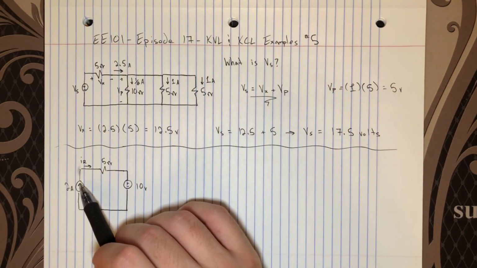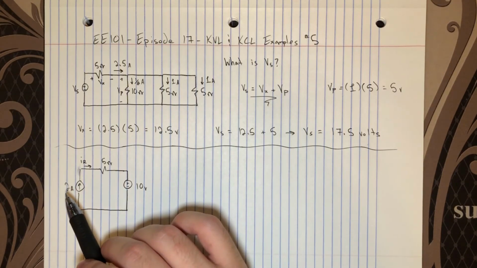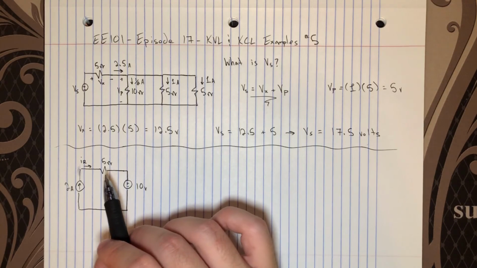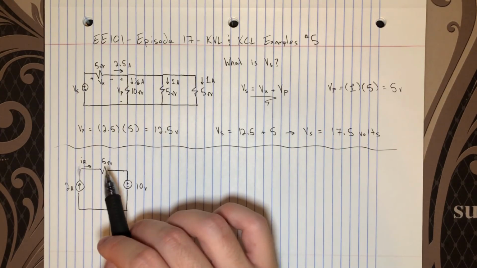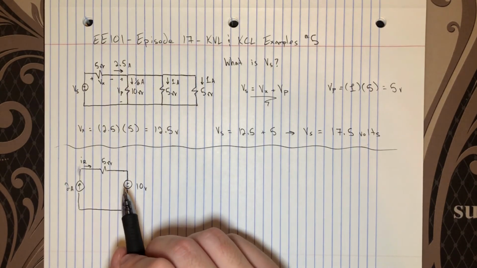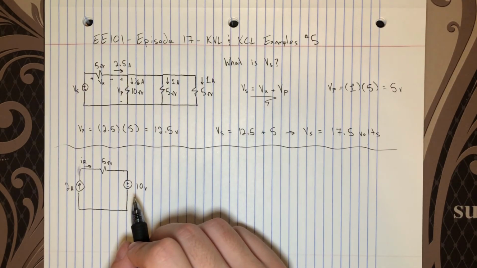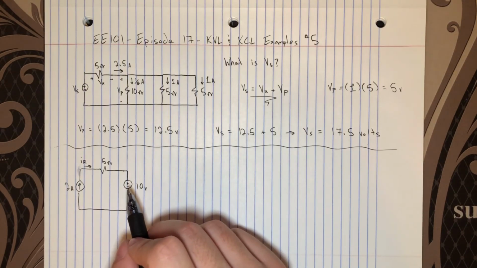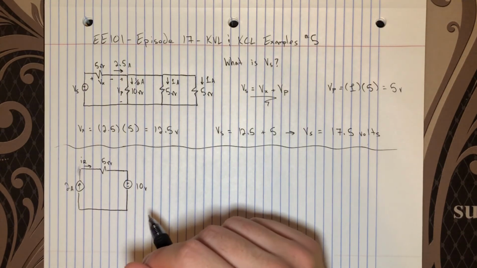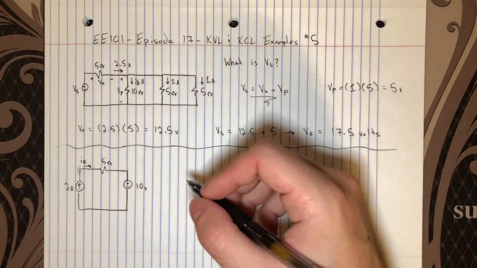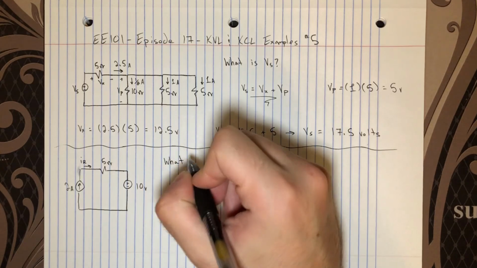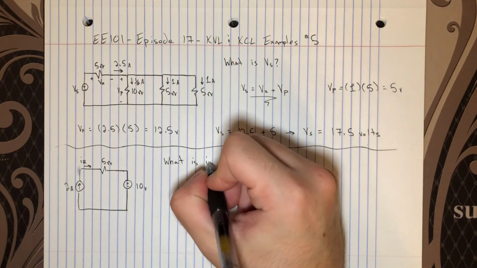So I've drawn an ideal current source here, sourcing 2 amps. There is a 5 ohm resistor and some current IR going through that resistor. And then we have an ideal voltage source with 10 volts and this voltage polarity as indicated on the source. So I'm going to pose 2 questions. 1, what is IR?